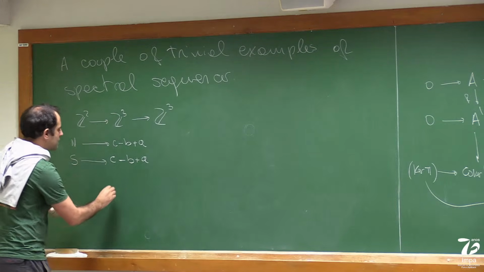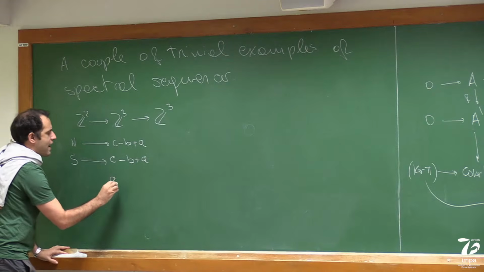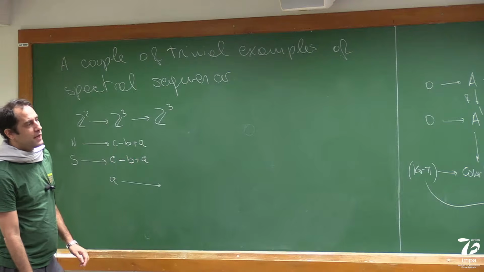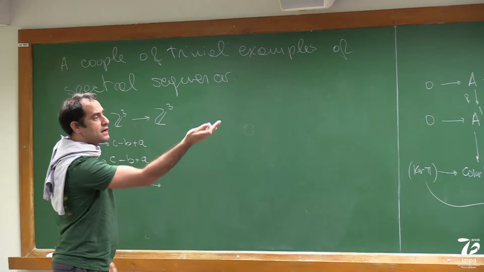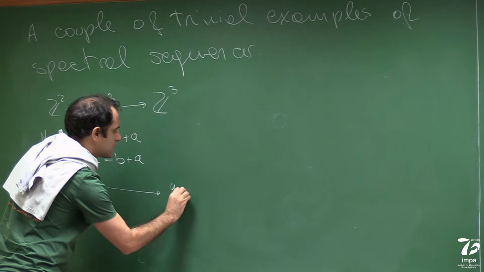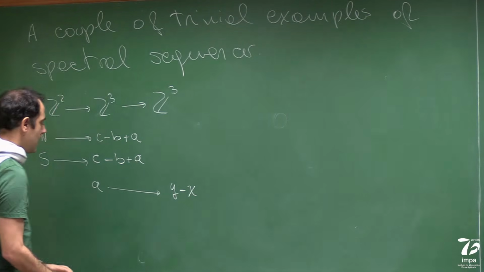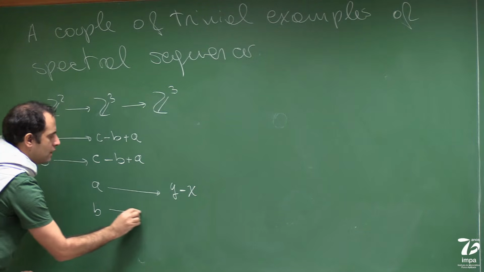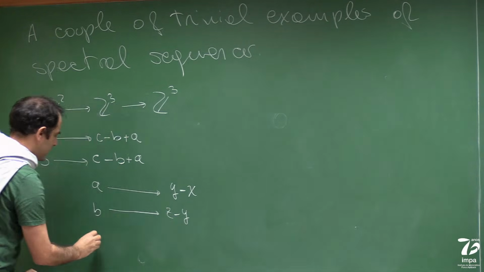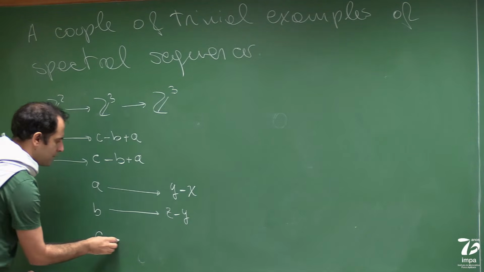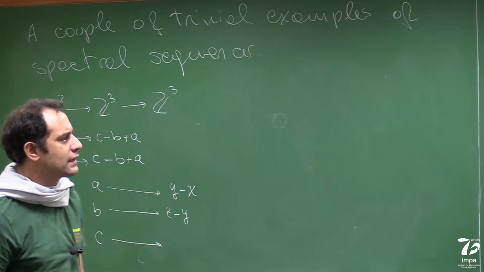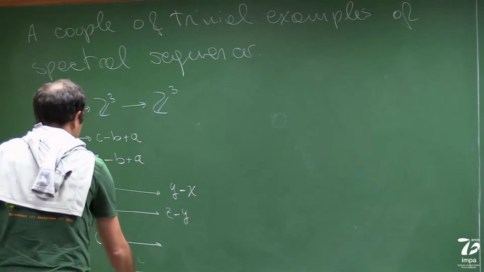How about differentials of A? Well, the boundary of that one chain A is ordered such that this is Y minus X. And the boundary of B is Z minus Y. And the boundary of C is, did I write them correctly? Yeah, so it's X minus Z.